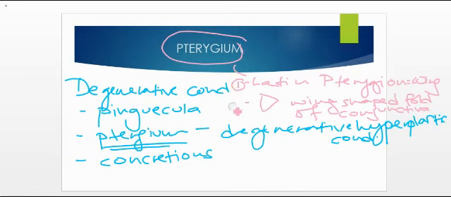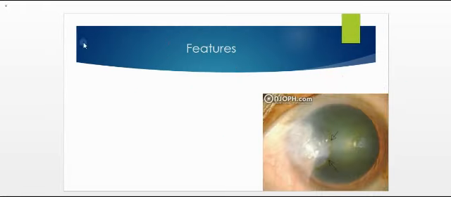So these are three things we need to note for pterygium. Now, what are the features of pterygium? As you can see on this image, pterygium commonly happens on the nasal side, on the side of your nose.